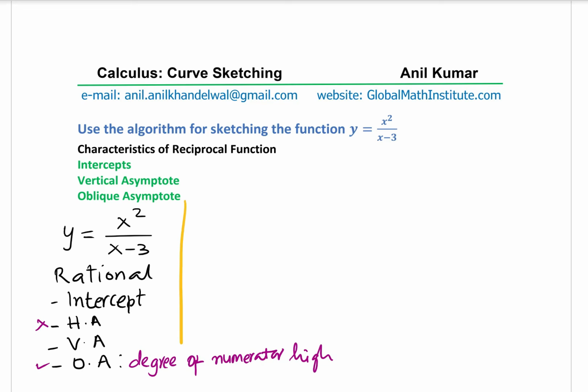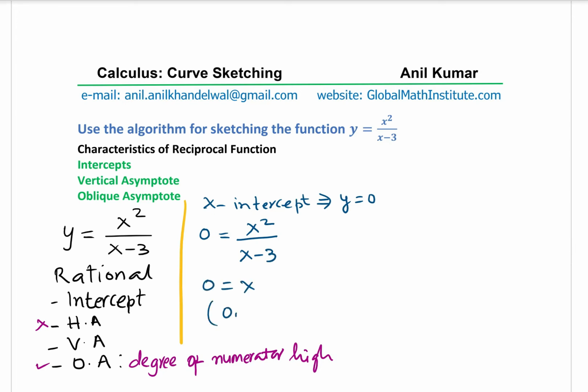Intercepts. To find the intercept, what should you do? Let us say we want to find the x-intercept. So x-intercept means y equals 0. Substitute y equals 0 and solve for x. This is only true when x equals 0.